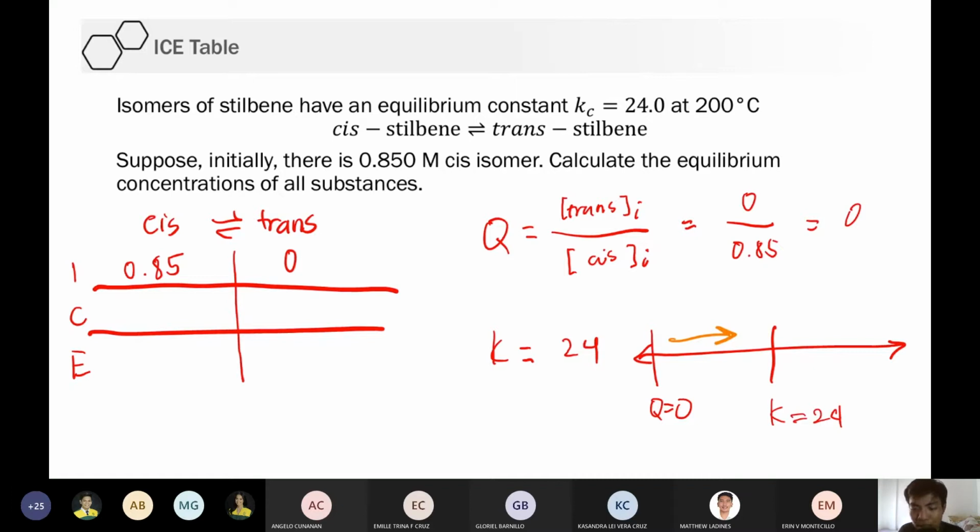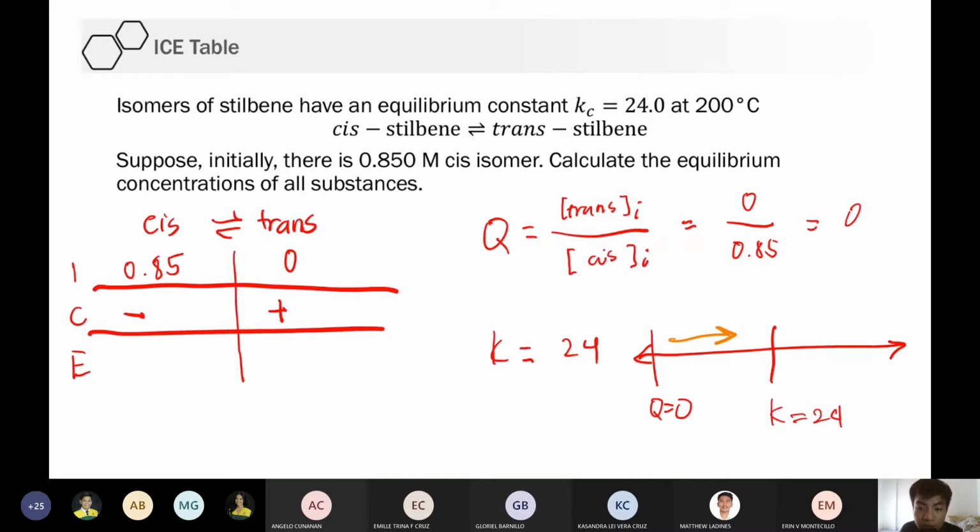Ang question is, paano ko siya ita-translate sa ICE table? Alam natin yung reaction papunta sa right. Paano ko isusulat yun sa ICE table? Madali lang. Since the reaction is going to the right, dadami yung products mo. So that means the change for the product is positive, and the change for reactant will be negative.